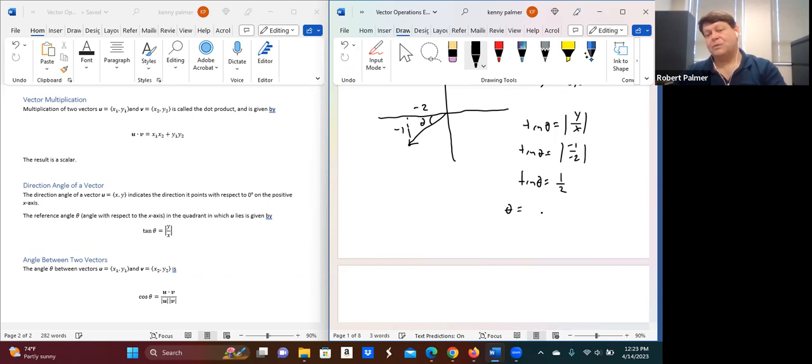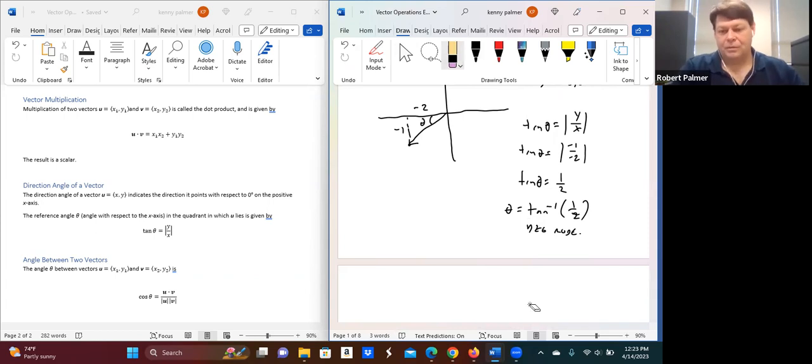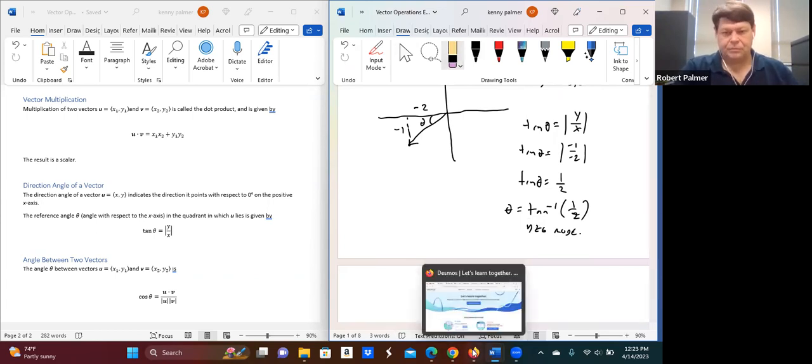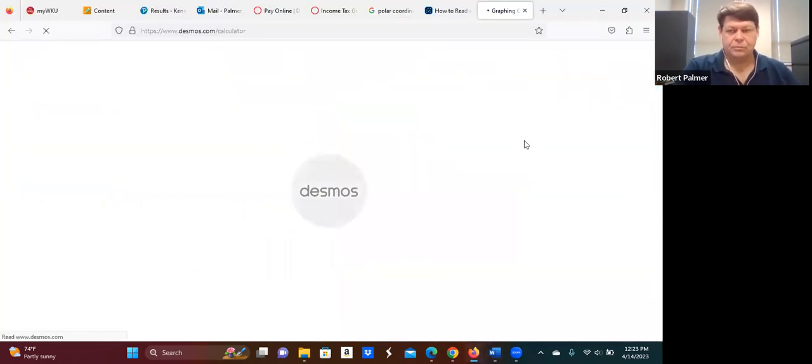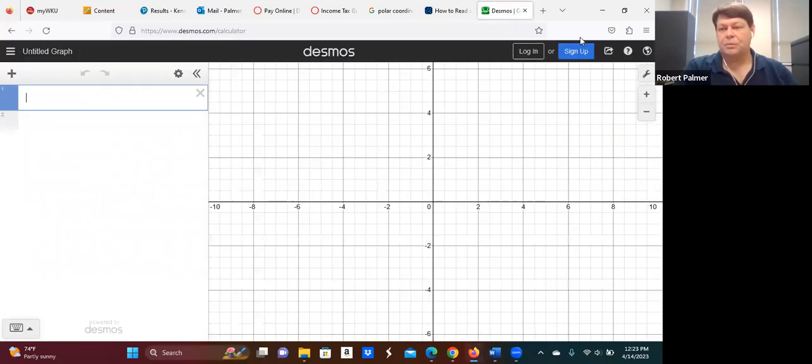Then taking the inverse tangent of both sides, theta is equal to the inverse tangent of 1/2. Make sure you're in degree mode on your calculators. Let's go to Desmos.